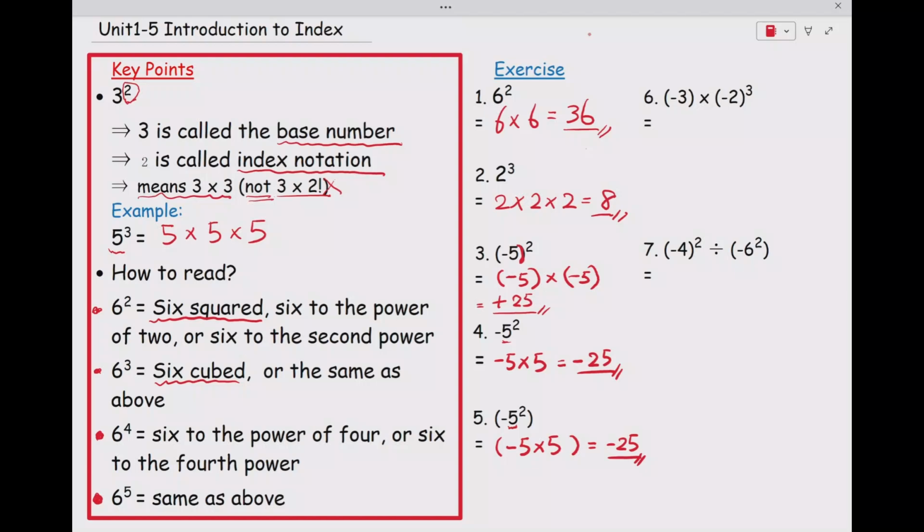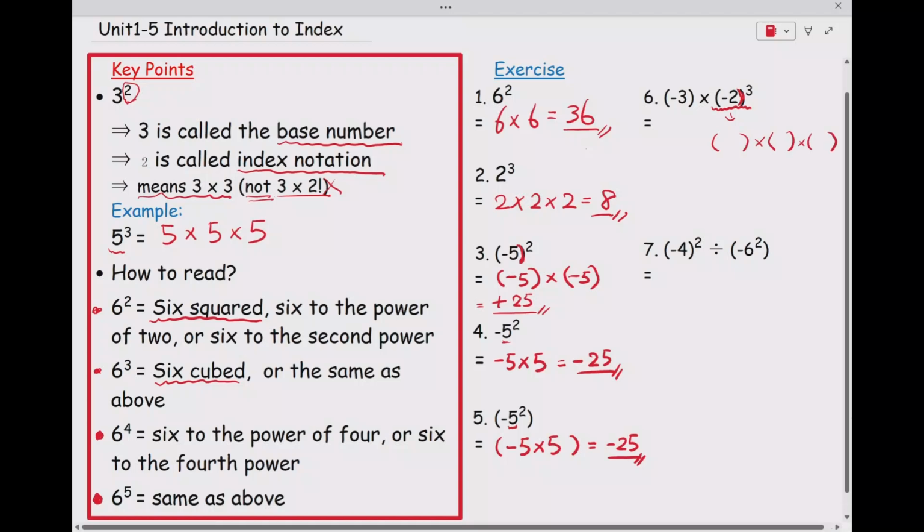So, you need to calculate from bracket minus 2 to the third power first. First of all, it's the brackets that are directly touched by the index. It's not the number 2. So, let's write down brackets as many as the number of index indicates first. That's going to look like this. Brackets times brackets times brackets.